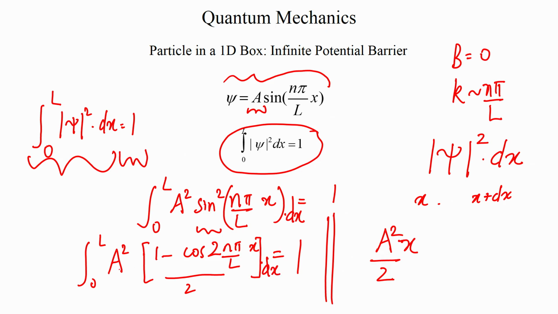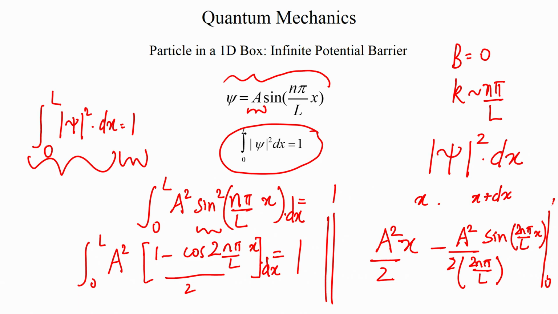The first term is going to be a square into 1 by 2 dx, which is a square x by 2, minus you have a square by 2 into your 2n pi by L into sine of 2n pi by L into x, and the limits are from 0 to L.